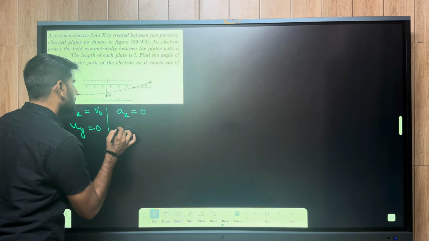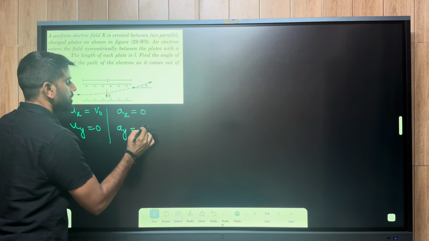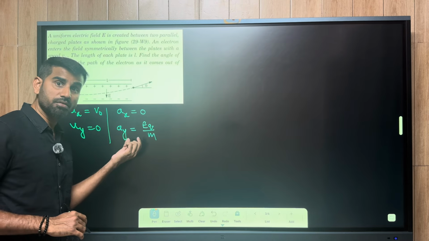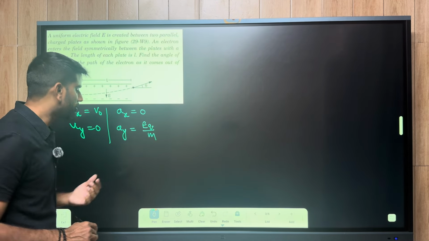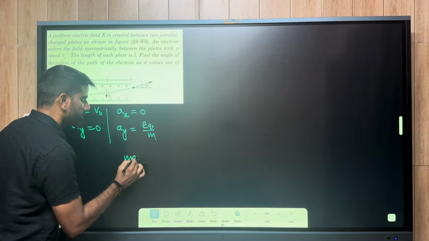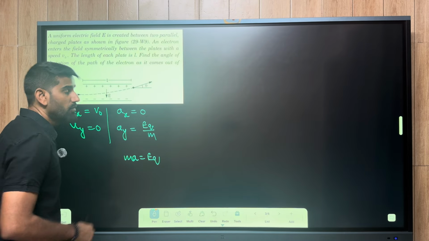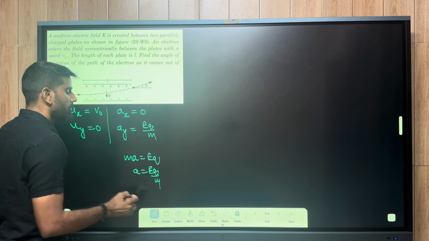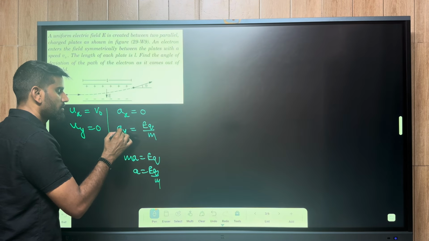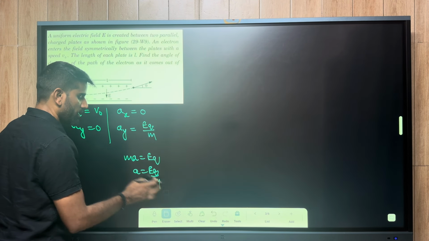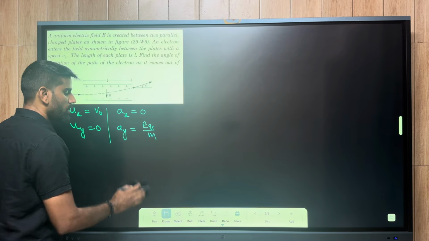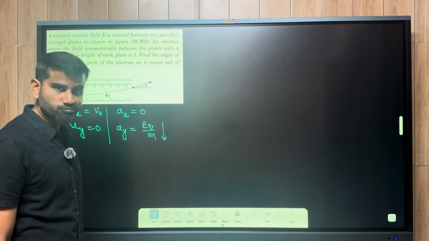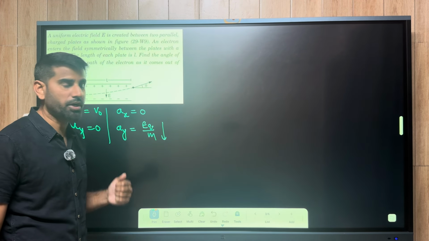And acceleration along y direction is eq by m, because we have derived this equation multiple times. So ma is equal to eq, the only force that is acting, in the vertical direction downwards. So a is equal to eq by m. As it is acting along the vertical direction, I'm taking the component as ay. Ay is equal to eq by m downwards. This arrow symbol indicates the downward direction.